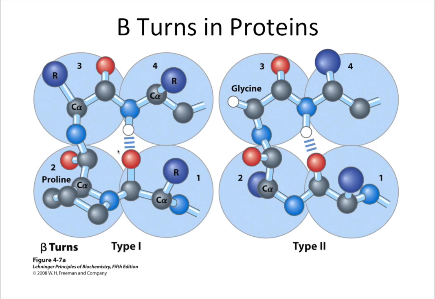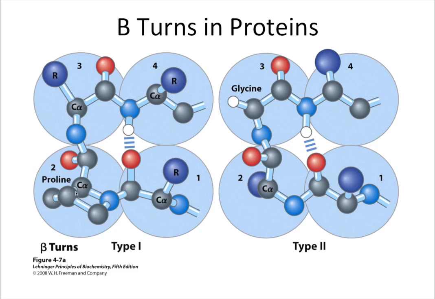So, this diagram illustrates it much better than how I'm explaining it. If you look at the type 1 beta turns in proteins, you can see here that proline is present in type 1s.